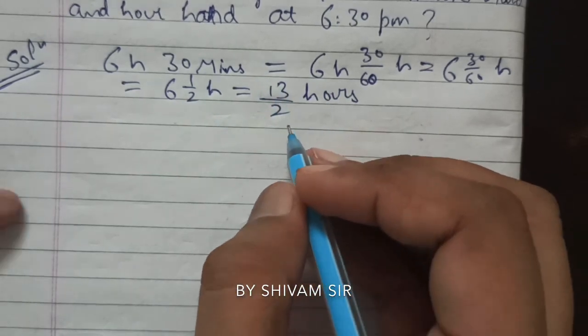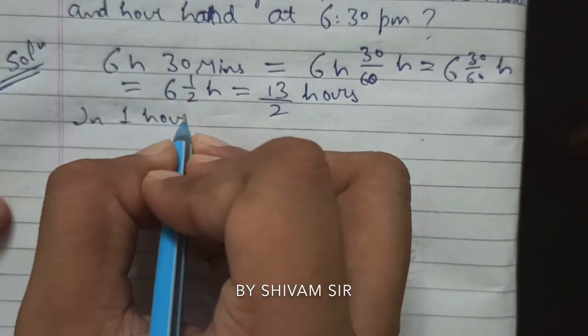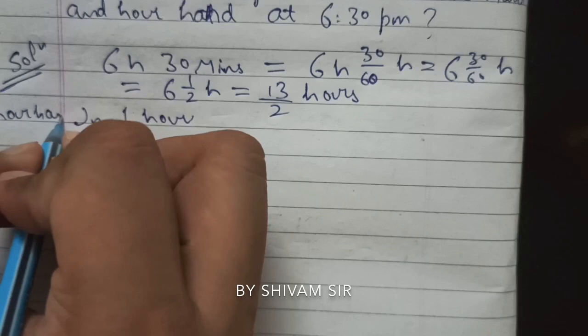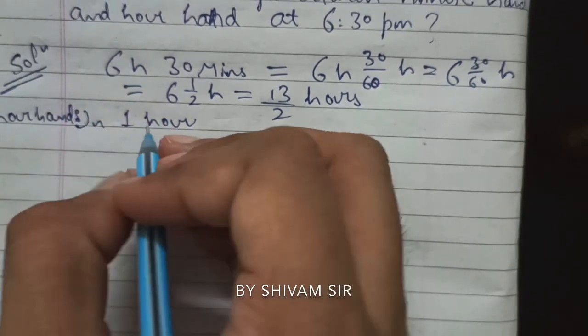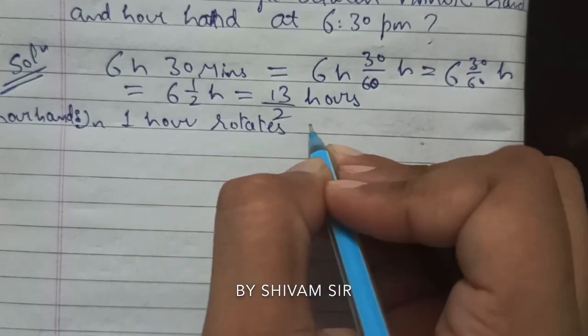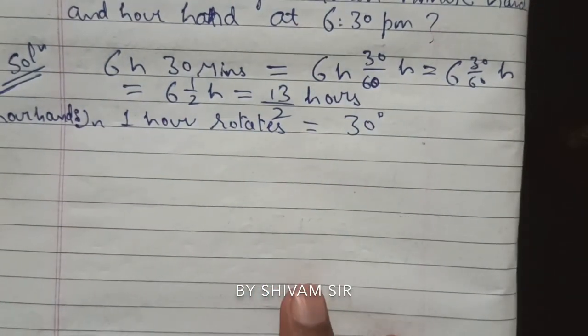For the hour hand we are talking. So in 1 hour, the hour hand rotates by how many degrees? 30 degrees. This we have already determined recently.